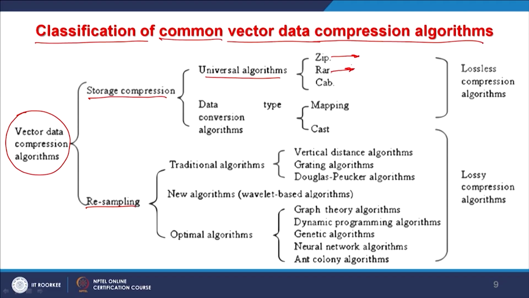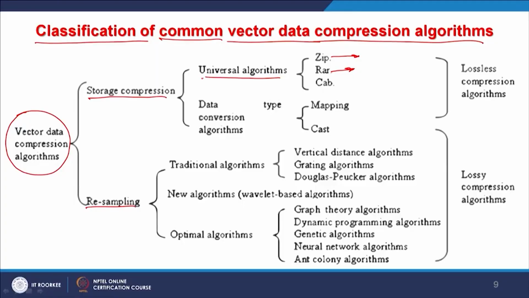These two are very famous, ZIP and RAR. These are compression techniques, and not only do they compress vector data and raster data, but also any data, image, video or textual data. But a lot of details about these compression techniques are not available. They are copyright protected, so we do not know that much.